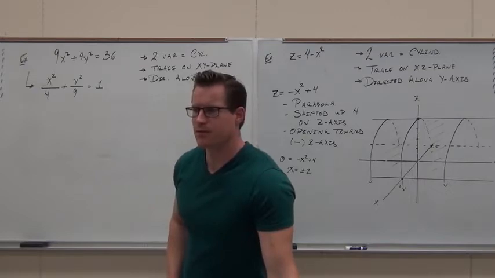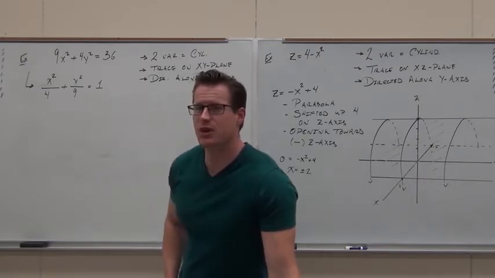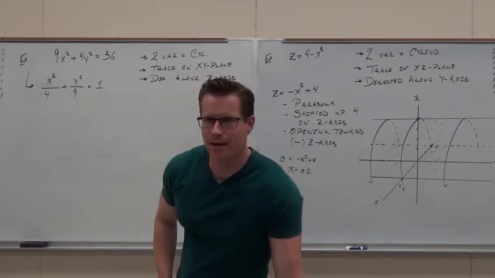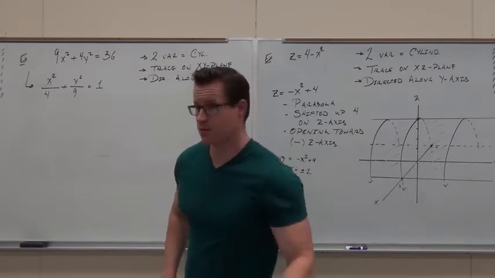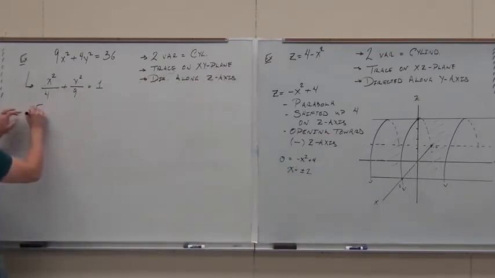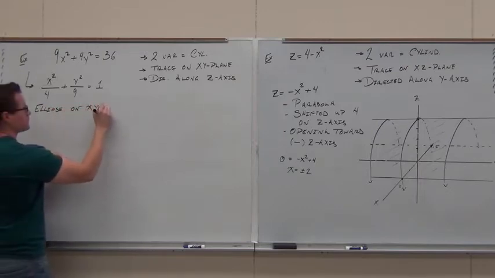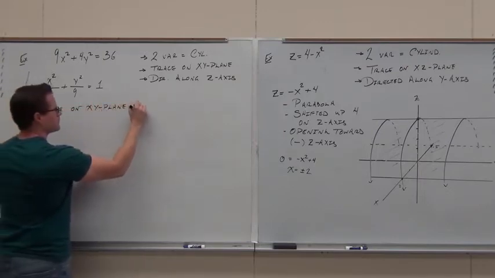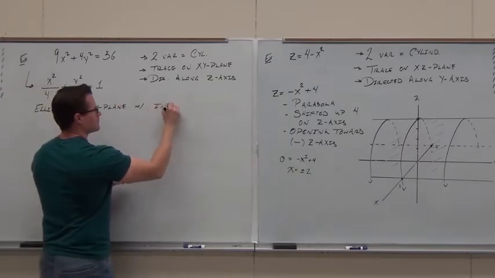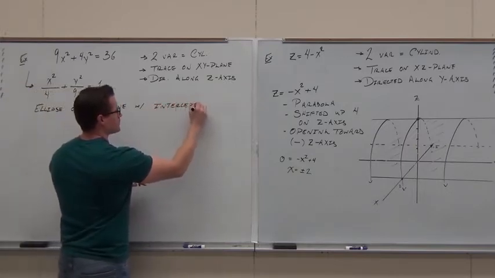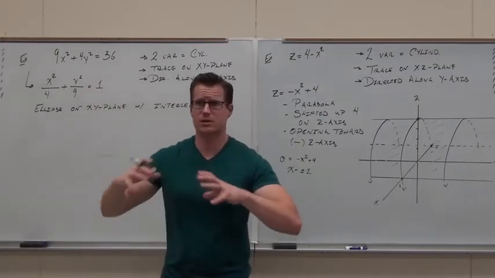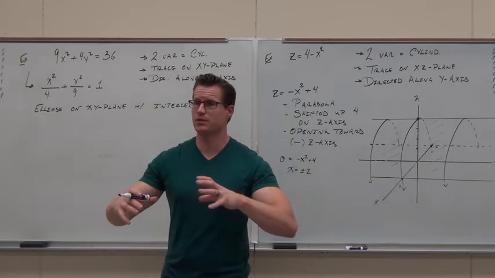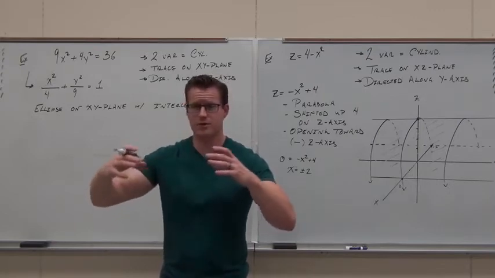Here's the deal. If you know that's an ellipse, and you know it's on what plane? XY. Well, if you knew that, you should be able to tell me the intercepts, how far it spreads out.